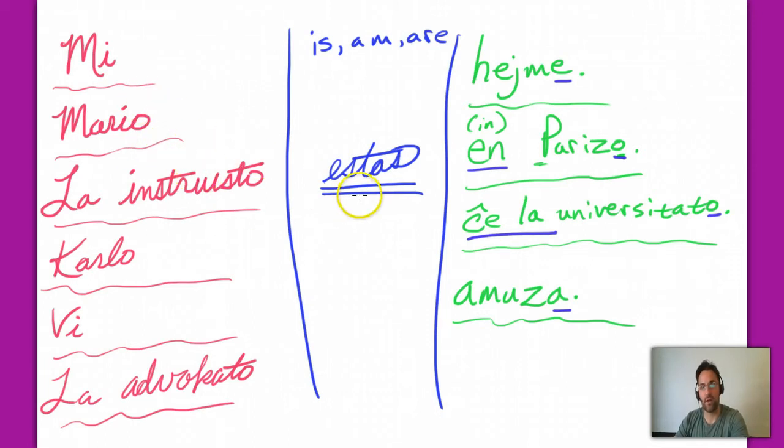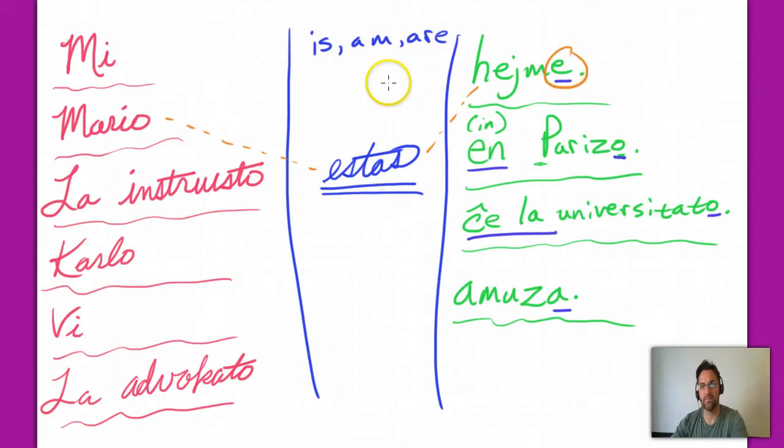Mario estas hejme. So we have the adverb, modifying this verb right here, saying home.